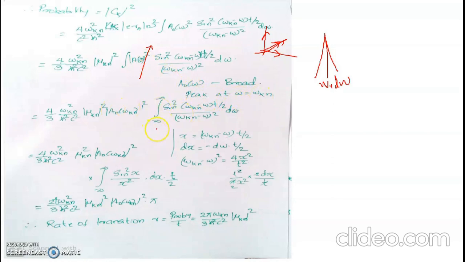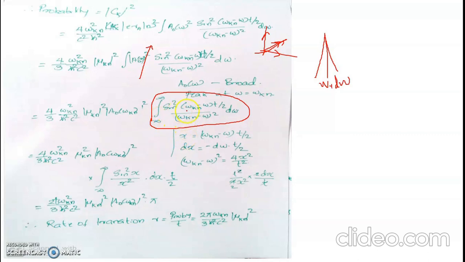What remains is to evaluate the total probability. You will have to evaluate this integral from minus infinity to infinity, sin squared of omega kn minus omega into t by 2, divided by omega kn minus omega whole squared, d omega. This integral we have already evaluated while we derived the Fermi golden rule.